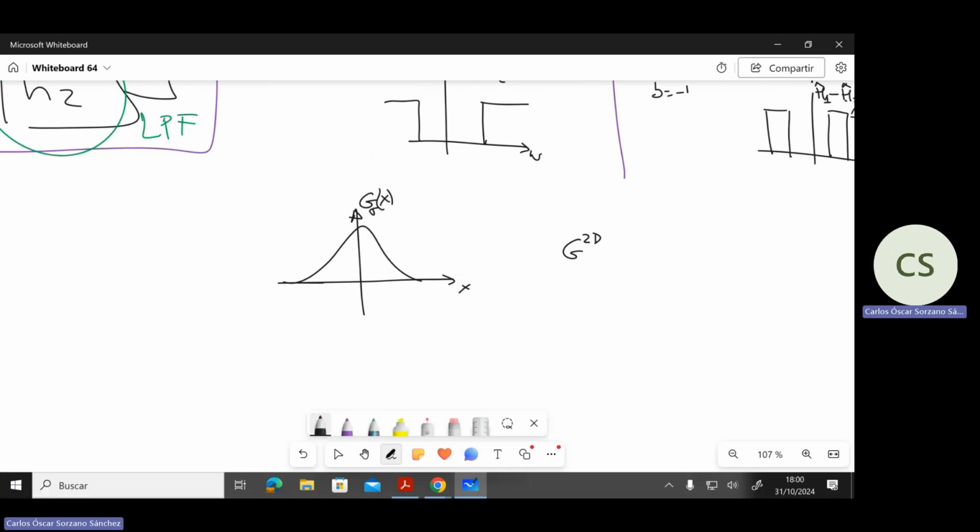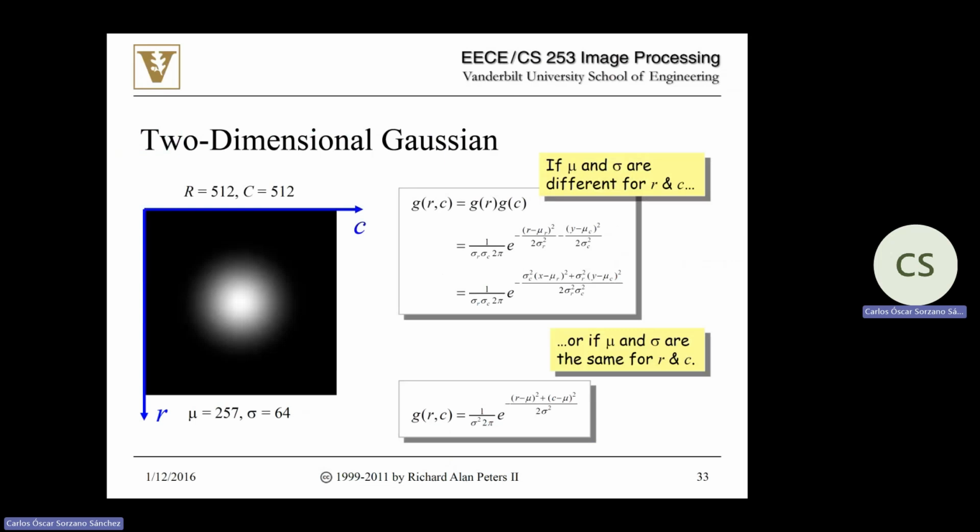It will be separable, so you can have sigma x times sigma y. It is a product of two Gaussians. When you multiply the two, this is the kind of shape you have. With the same sigma for both, you have this kind of shape.